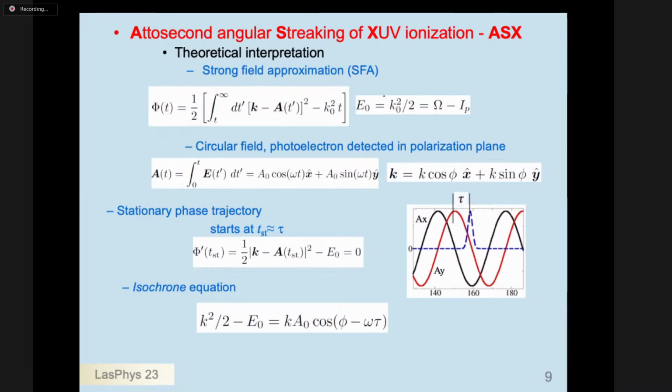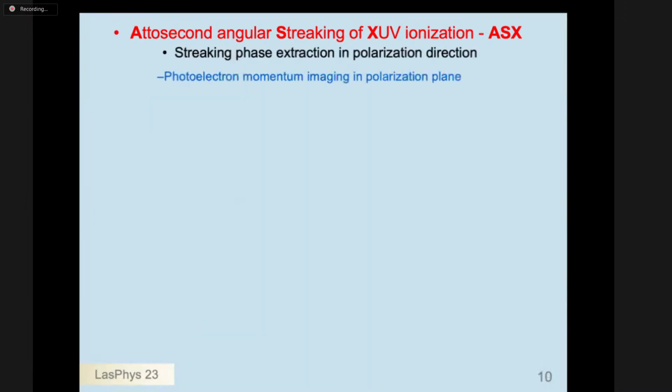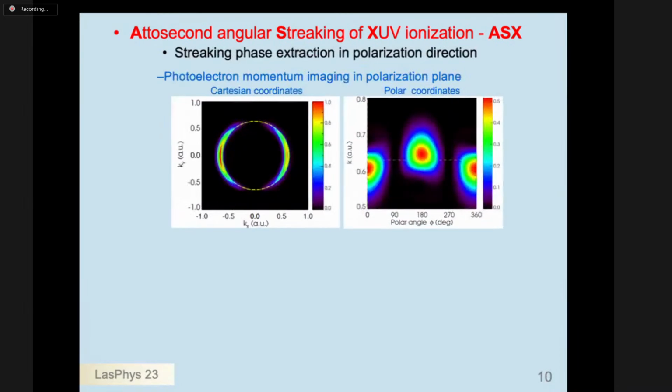So far, everything is very simple, but one element is missing here, and this is the photoelectron phase acquired by propagation and at birth. So the idea is to reintroduce this phase into this isochron equation, and the way we do it is the following. We consider the photoelectron momentum distribution in the polarization plane.